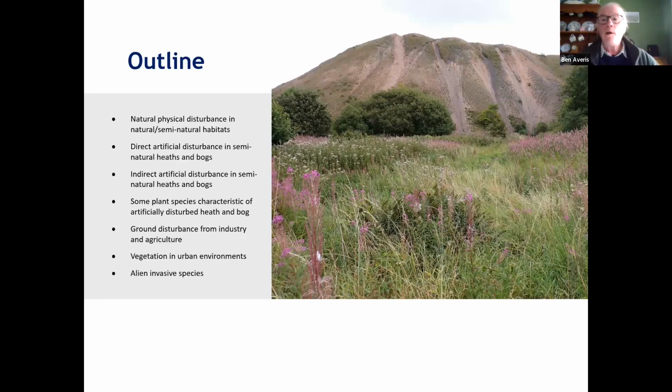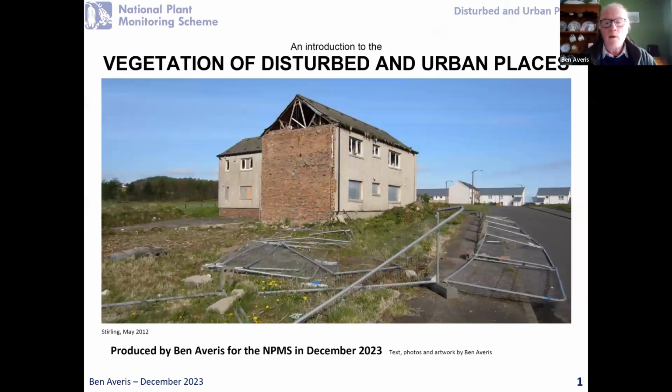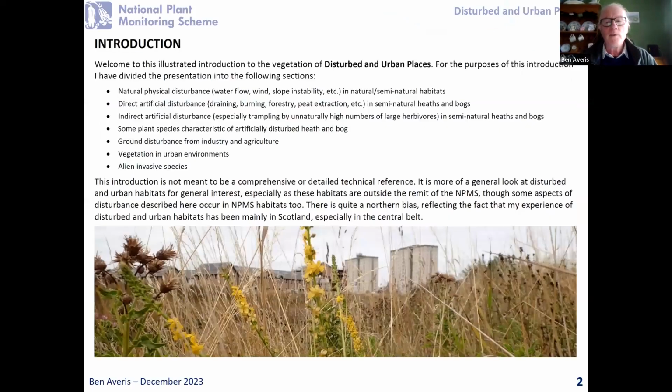So that's the sequence, going from more rural and natural, with an increasing gradient of artificiality, to end up with the more artificial urban habitats. There's another title page with a nice example of something disturbed and urban there, and it's got the same list of things that was on a couple of pages back.